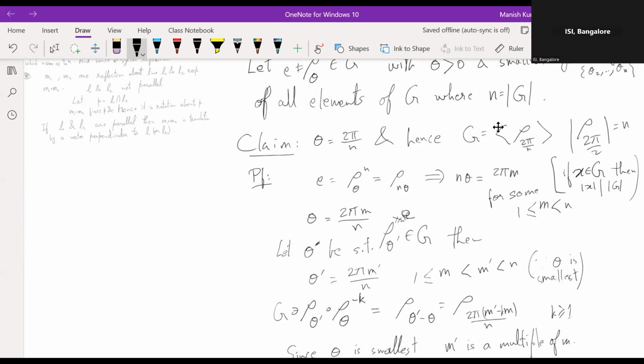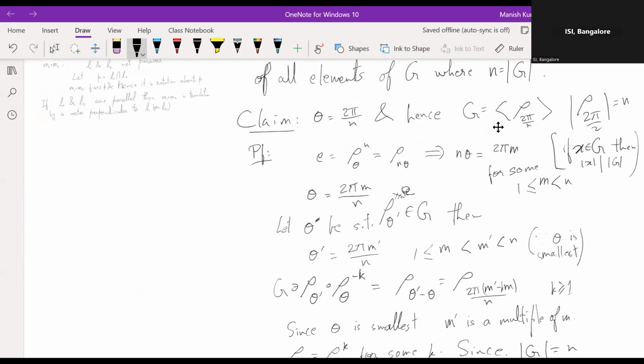So that tells you that theta prime is 2 pi m prime over n, where m prime is some number greater than m. So now look at this composition. Rho theta prime composed with rho theta inverse. I've written minus k, but pretend minus 1 for the time being.